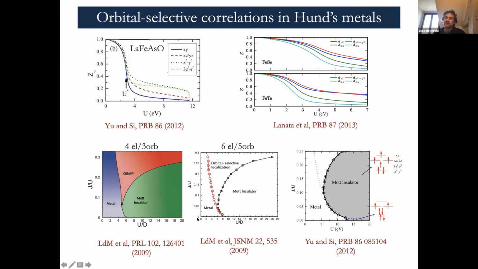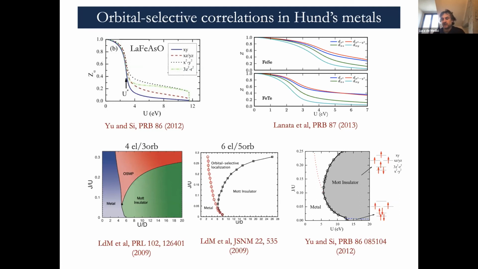It looks that in this zone, once you have activated the selectivity, the main trigger of correlation is the proximity of the orbital to half filling. So one has to know what is the population of the orbital, and typically the hierarchy in the correlation strength goes exactly with the distance of each orbital from its own individual half filling.